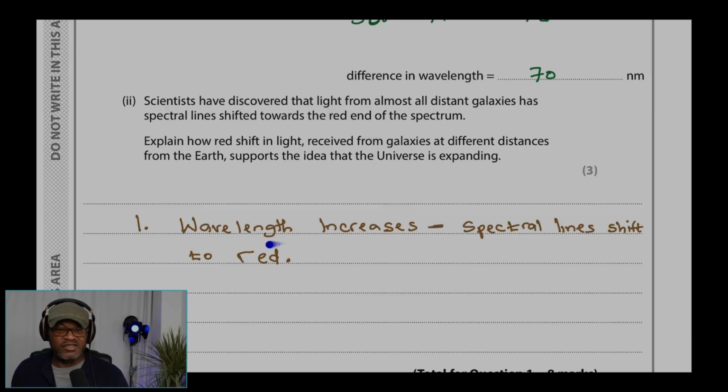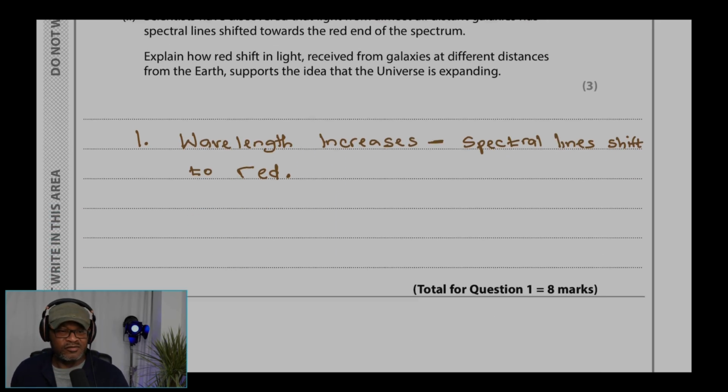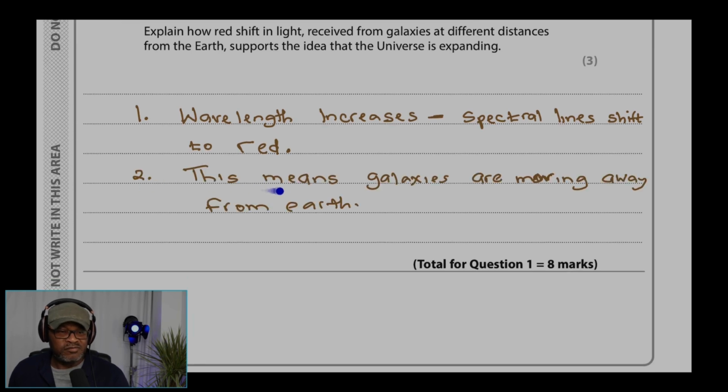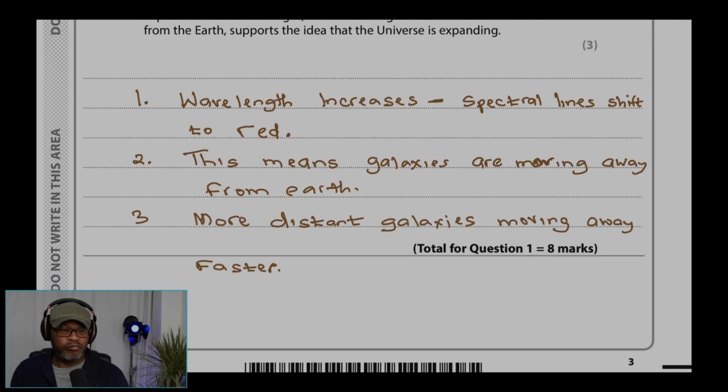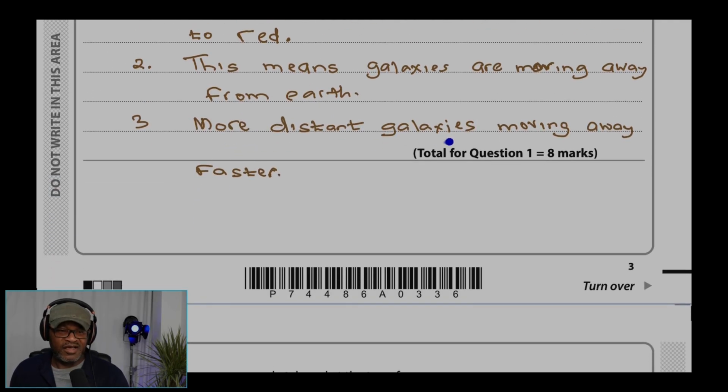Well, we can see that the wavelength increases, the spectral lines shift to the red, so that's increasing wavelength. Point number 2, this means galaxies are moving away from Earth. Point number 3, more distant galaxies are moving away faster, and this supports the idea of an expanding universe.